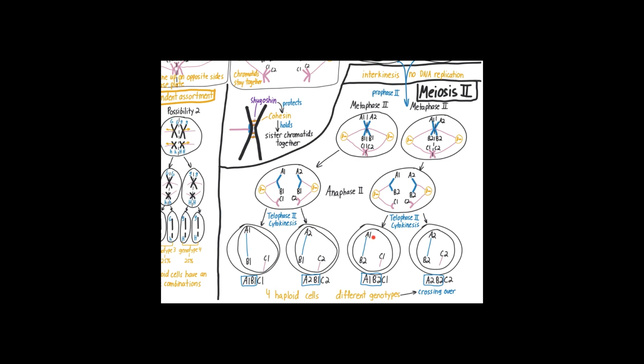Over here, A1B2 was inherited with C1, and here, A2B2 was inherited with C2. So we see that the independent assortment of chromosomes is responsible for producing new allele combinations or genotypes with respect to genes on different chromosomes.